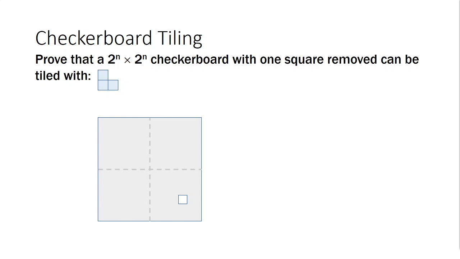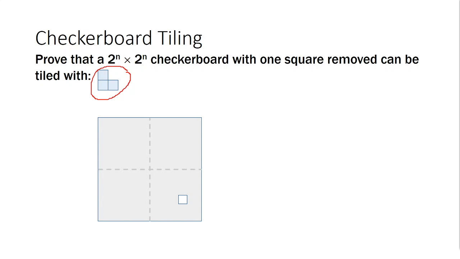We can apply this method to check for tiling. We have this tile, and we want to make sure it can cover a 2 to the n by 2 to the n checkerboard with one square removed.